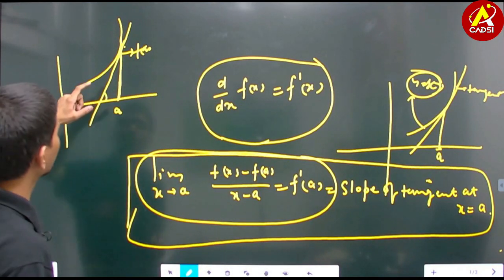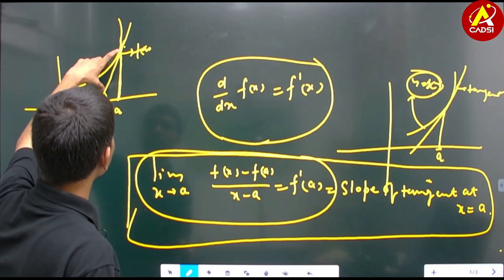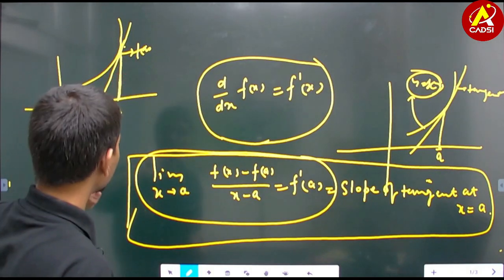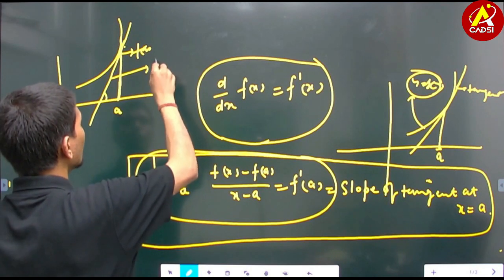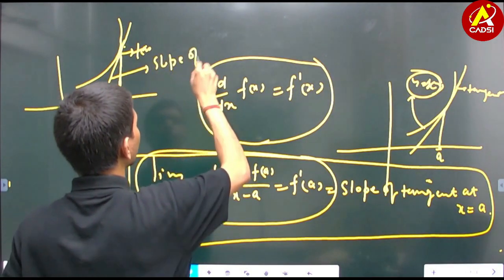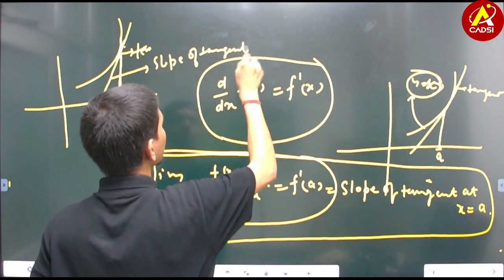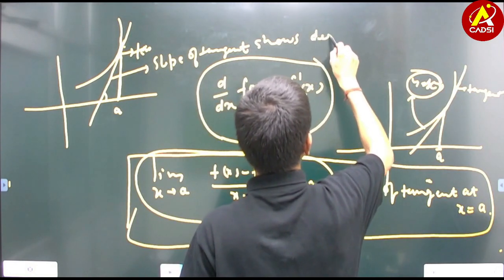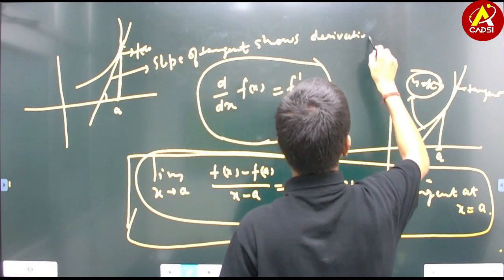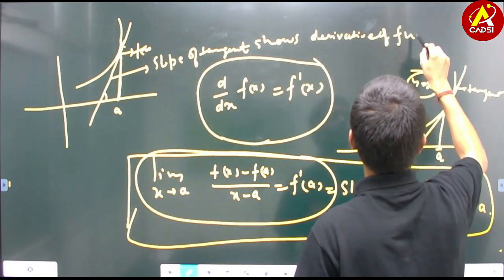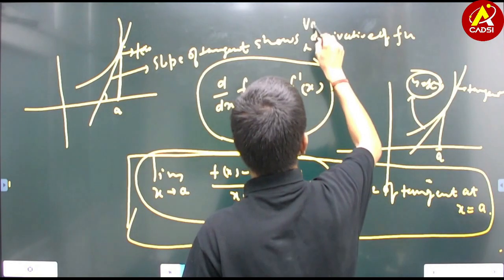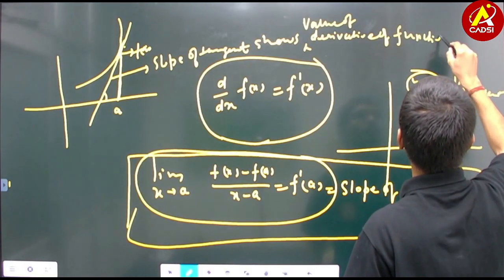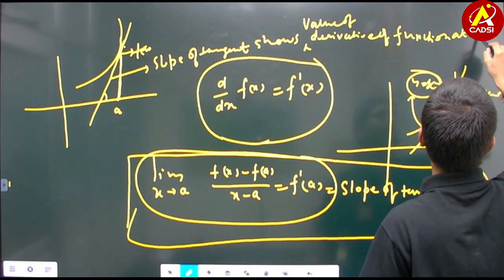In other words, this is the tangent on this curve y equals f of x, and the slope of the tangent shows the value of the derivative of the function at x equals a.